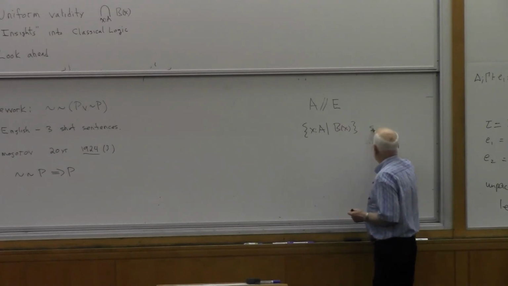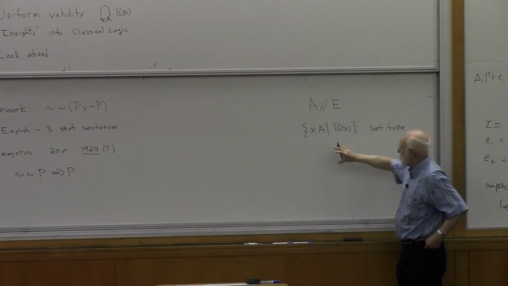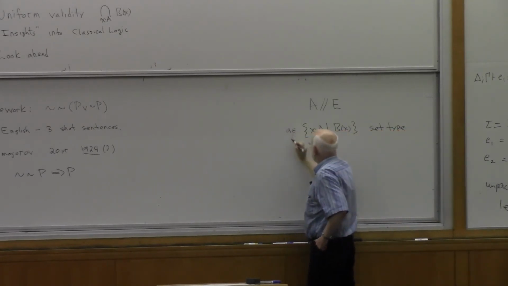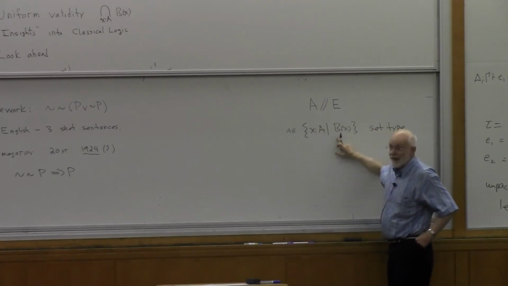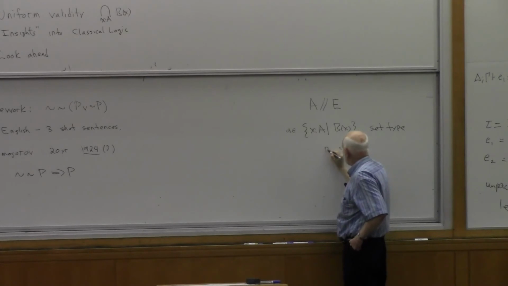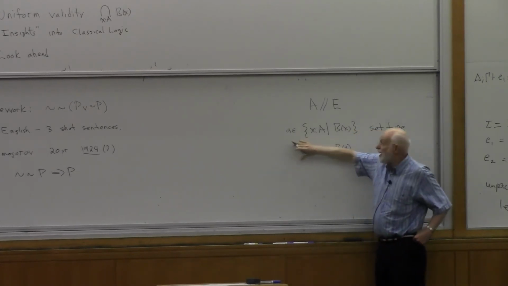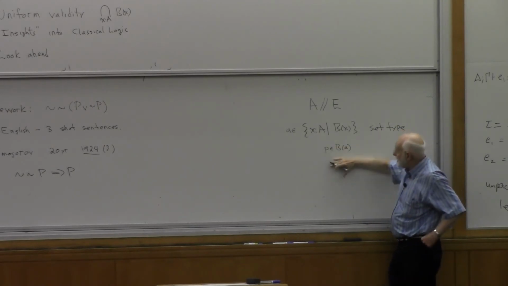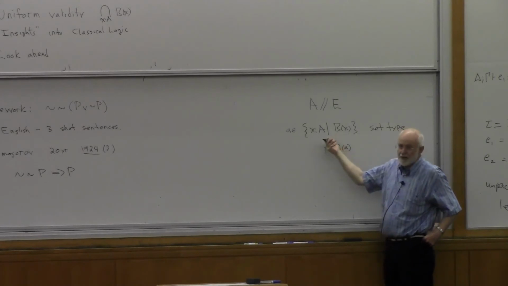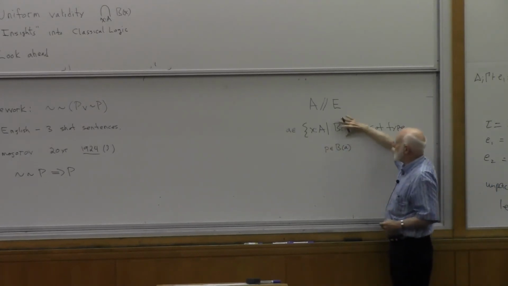I don't know whether that's a good name for it, but the set type has the property that to put an element in here, you actually have to know that there's a proof of B of A. So you're going to also have a proof of B of A in order to put A in this type. But you don't have to keep the proof with the type. Well, you don't. You squash it, is what we say, or you throw away that proof.